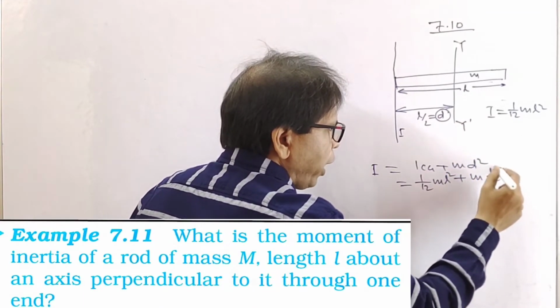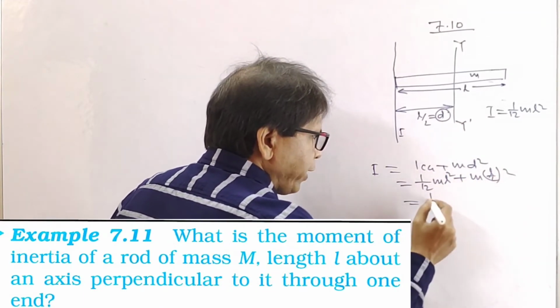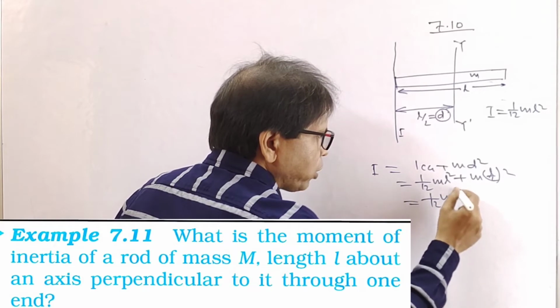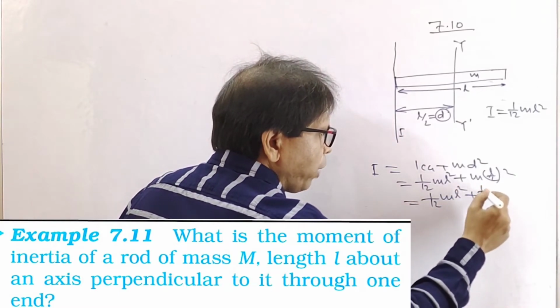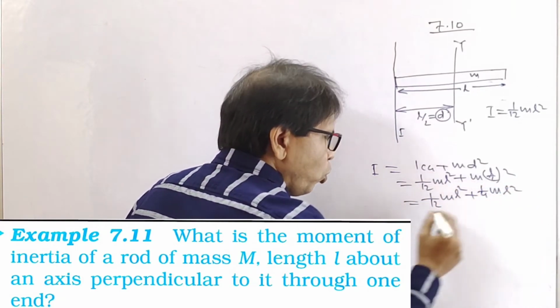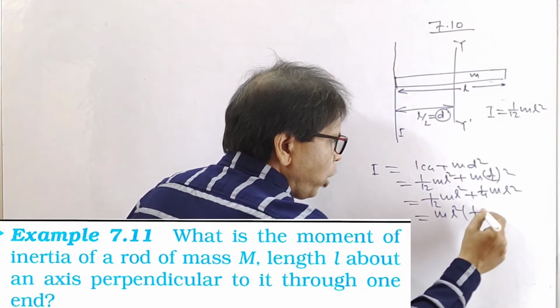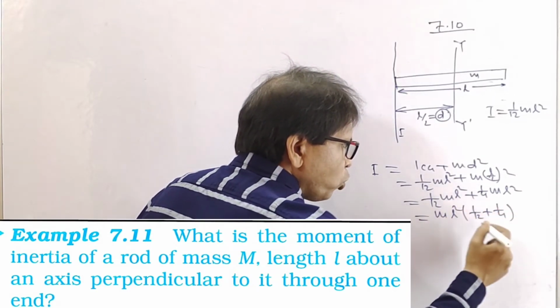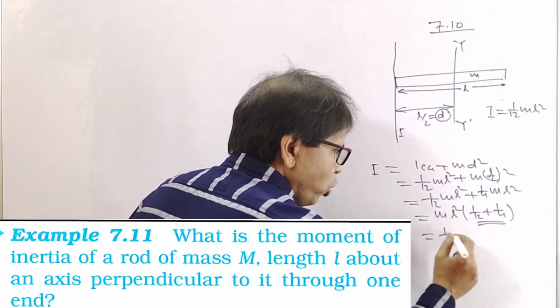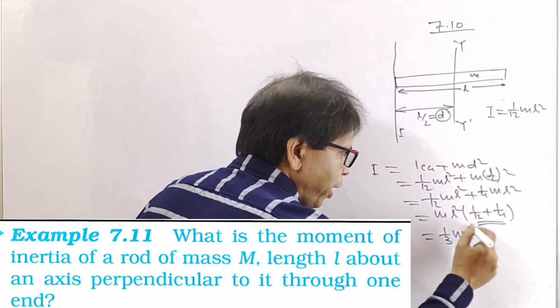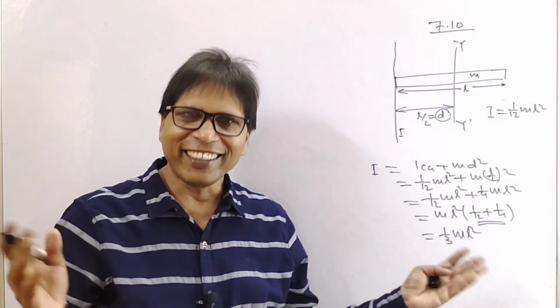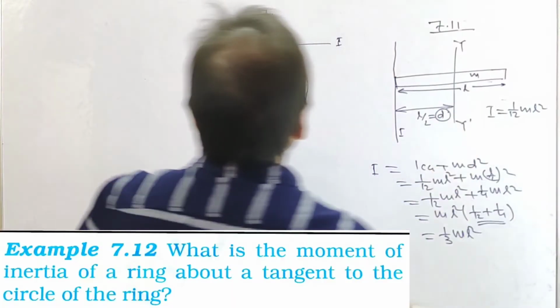So M into L by 2 whole square. So this is 1 by 12 ml square plus 1 by 4 ml square. So ml square into 1 by 12 plus 1 by 4, which is 1/3. So this is 1/3 ml square. Okay, understood?